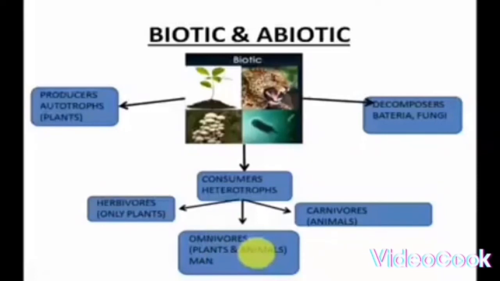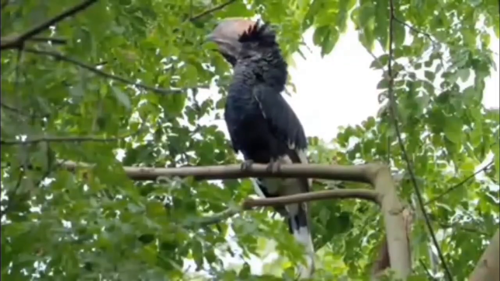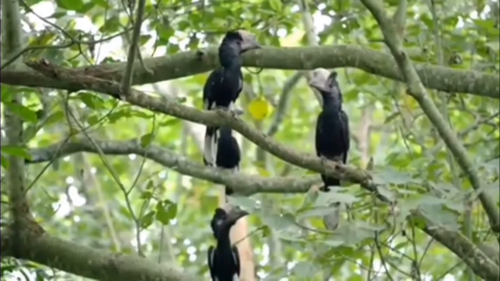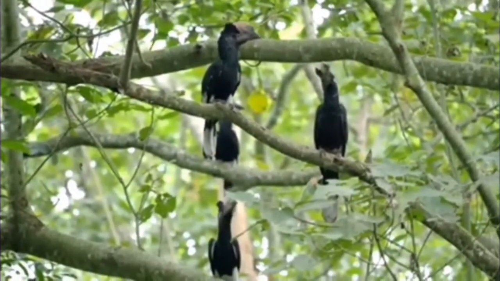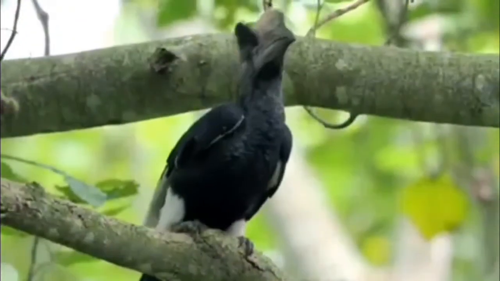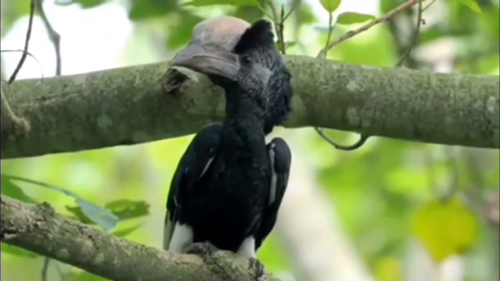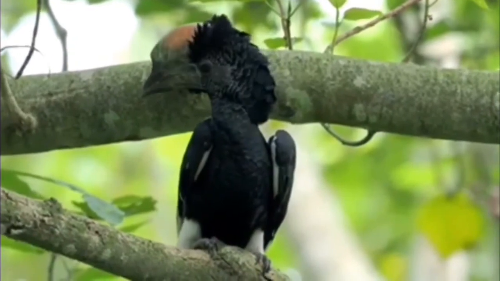Now we have omnivores. Omnivores feed on plants and animals. These are terms used to describe consumers. For example, man is also omnivorous. You can feed on both plants and animals.